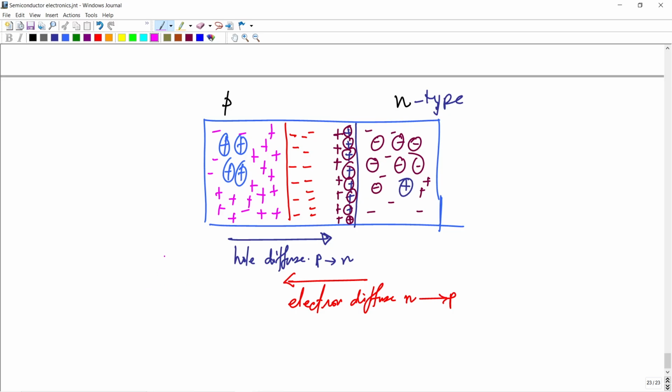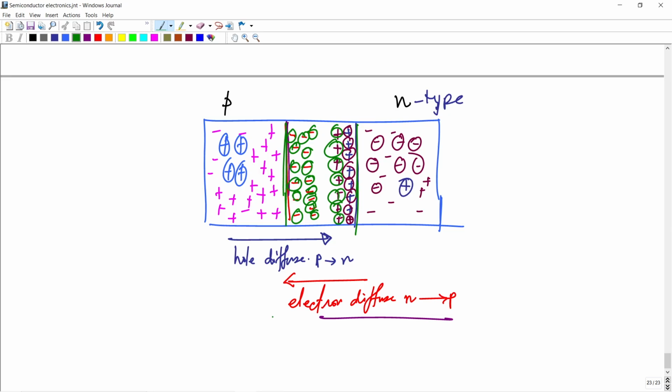Okay, so due to the concentration gradient, electrons diffuse N to P and holes diffuse P to N, and it creates a barrier here. Don't be confused here.